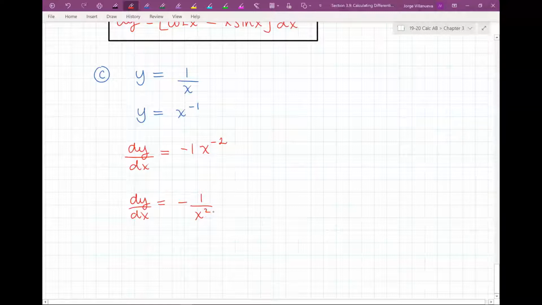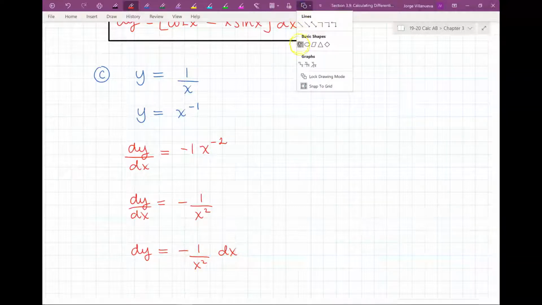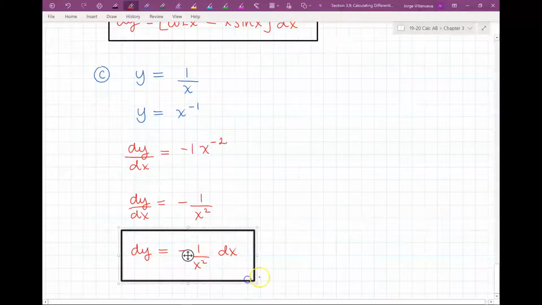But again, they want the differential, so I'm just going to get that dx and throw it over to the right side. So dy is equal to negative 2 over x cubed dx. And that's my differential.